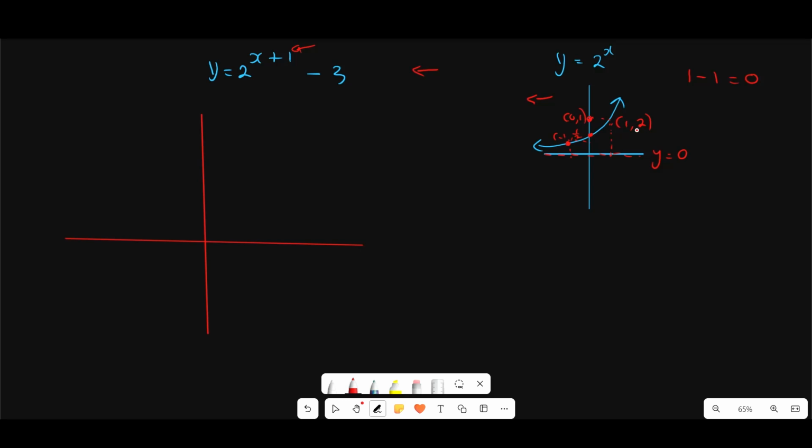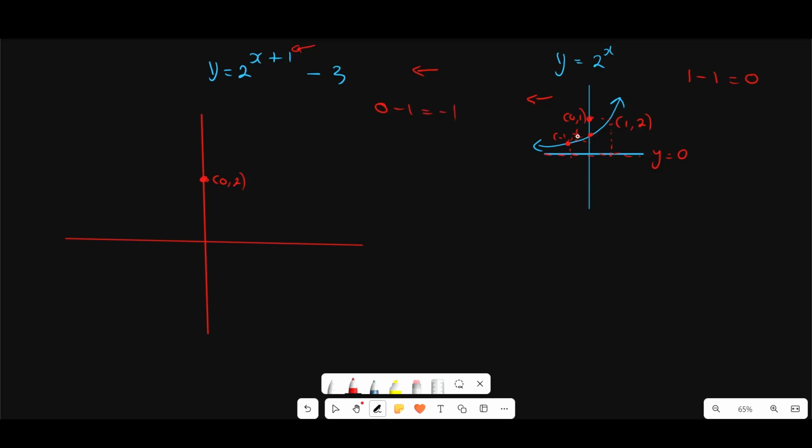So at 1 we had 2, meaning at 0 we'll have the point 0 and 2, right? Whatever happened at 0 will happen at 0 minus 1, which is negative 1.